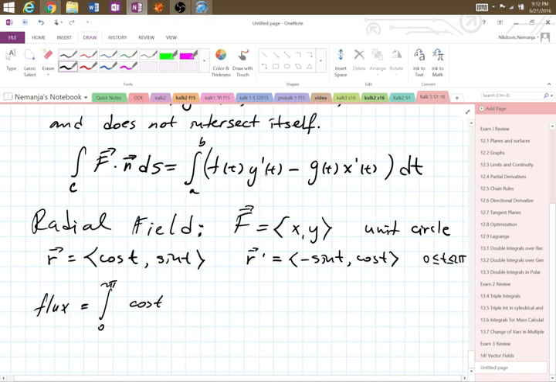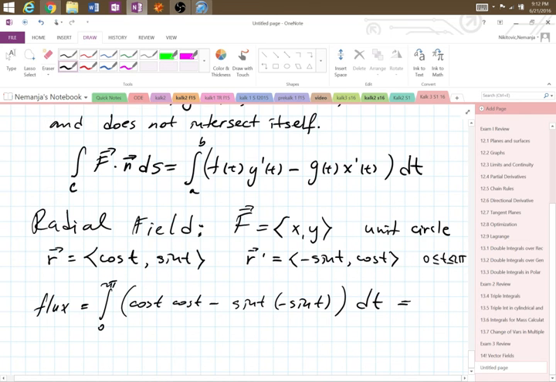And y prime, so that's going to be another cosine t minus g of t, which is y, which is sine t, times another negative sine t, dt.